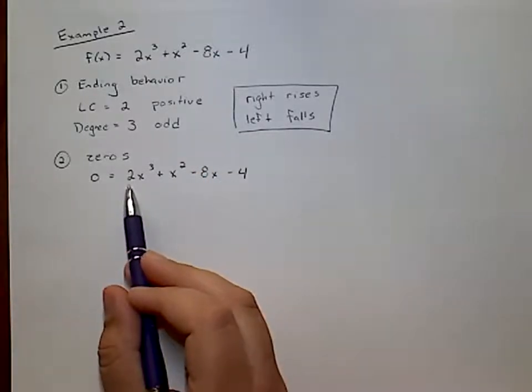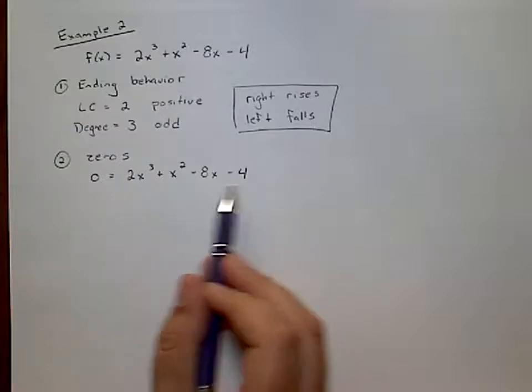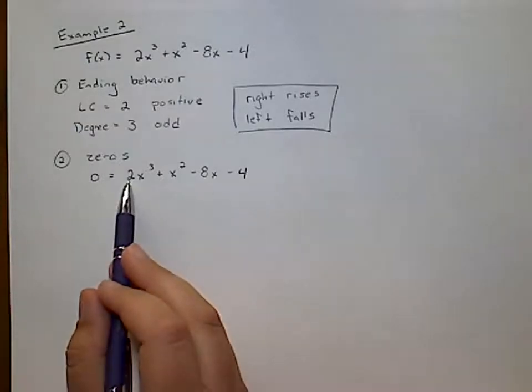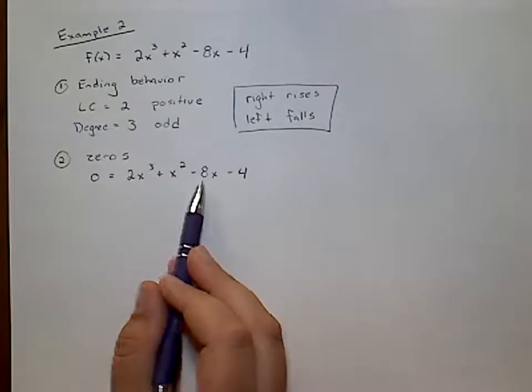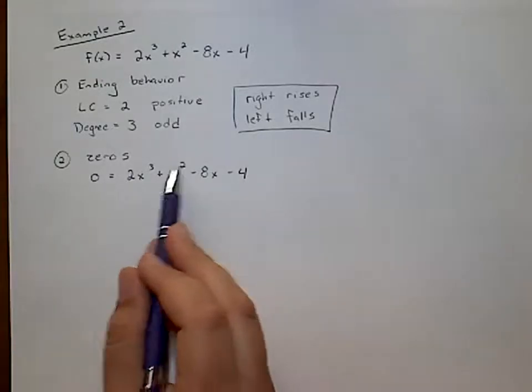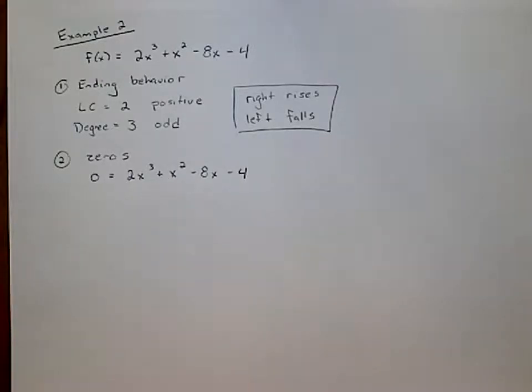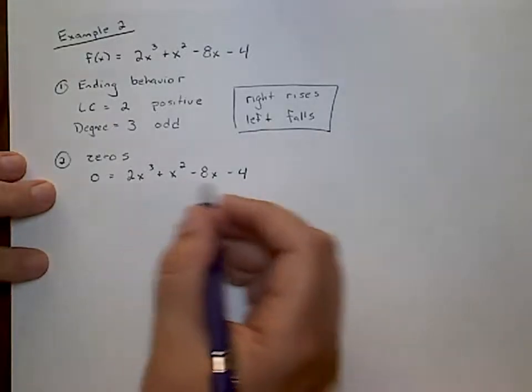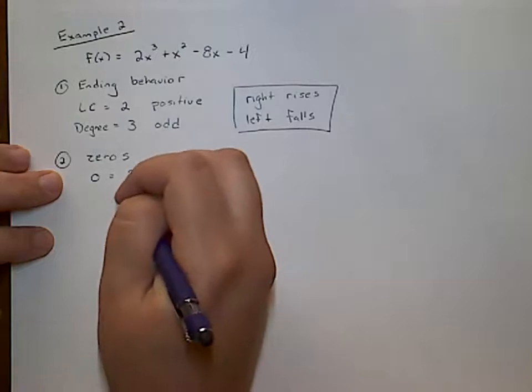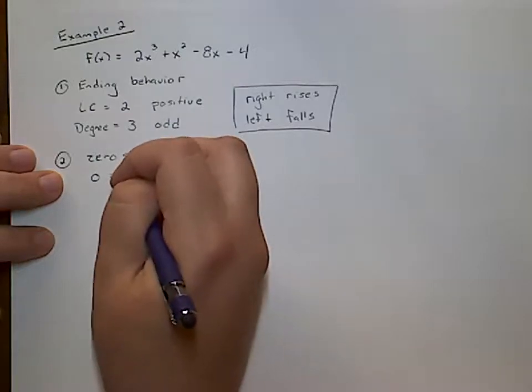First thing we try to do is find the greatest common factor of everything. I see divisible by 2, divisible by 2, divisible by 2, but this x squared is not divisible by 2, so there is no GCF. So I see a 4-term polynomial that I'm going to have to factor by grouping.